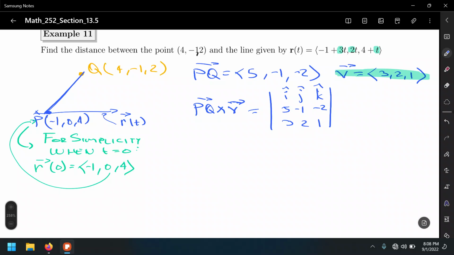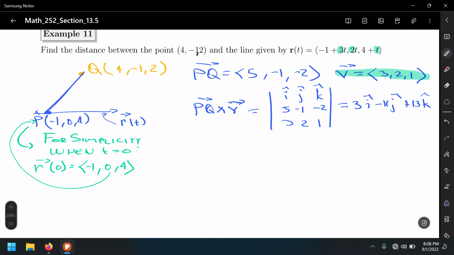As discussed before, you have the freedom of computing this determinant the way you feel more comfortable with, either by expansion by minors, which is what we did at the beginning of that section, or the shortcut that I showed you of repeating the first two columns. In this case, I'll just give you the answer to this cross product to save some time. That's going to be 3i minus 11j plus 13k.